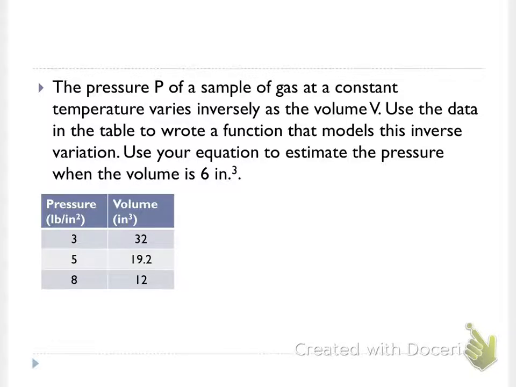One of the big things we're going to do with our variations is use them in real life situations. So here, the pressure P of a sample of gas at a constant temperature varies inversely as the volume. I'm going to take that information and write my general equation.